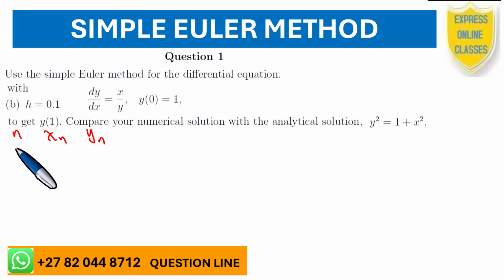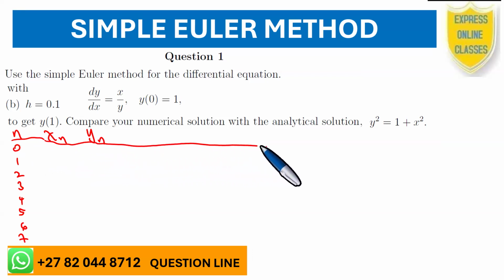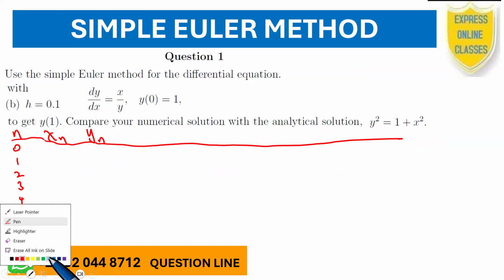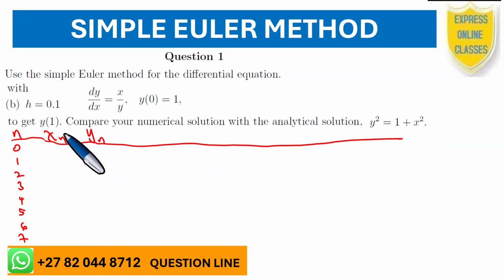Let us see, you'd have 0, 1, 2, 3, 4, 5, 6, 7. Okay, so we're going to need more than this. Now, if you come here, then you're going to have xn, yn.